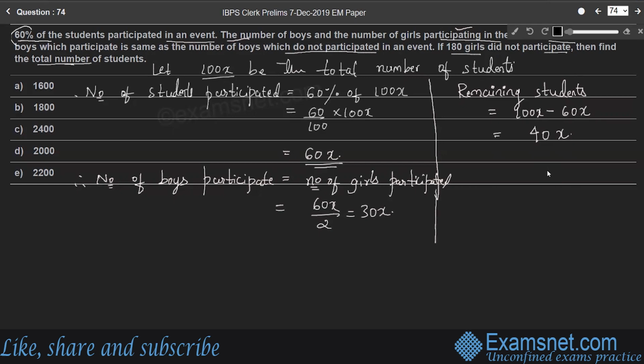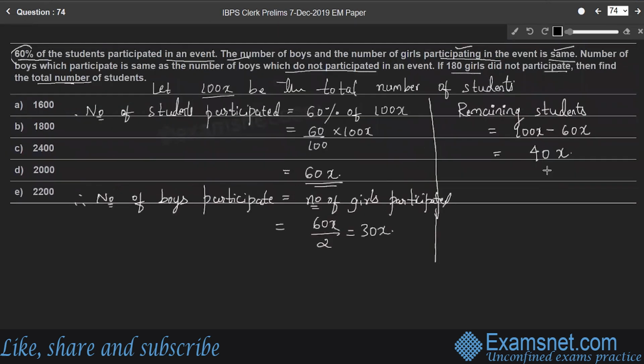Right. Also it is given that the number of boys who participated is the same as the number of boys who did not participate. So 30x boys participated, so 30x boys did not participate, right?